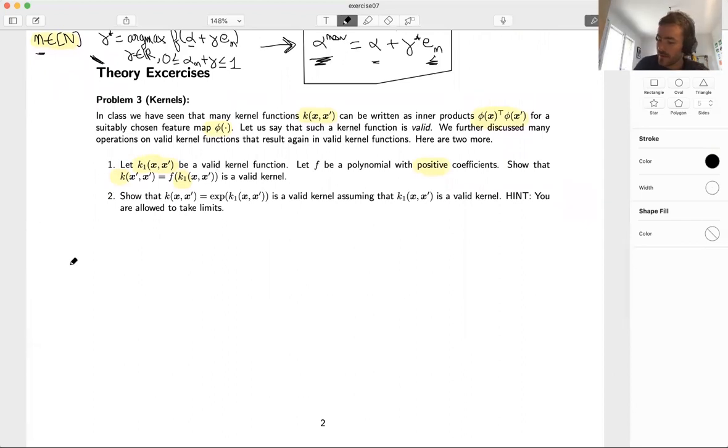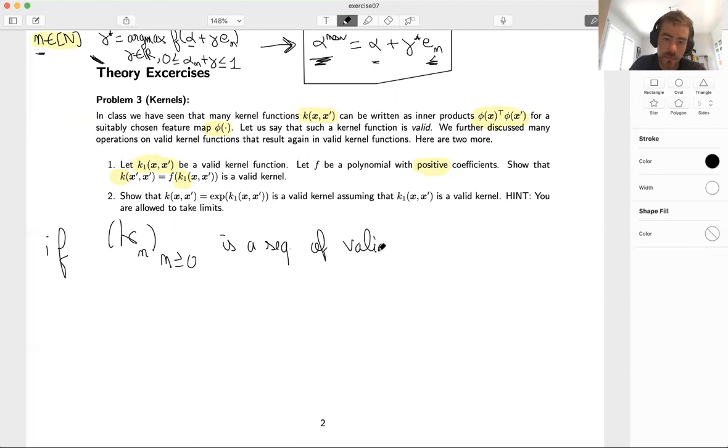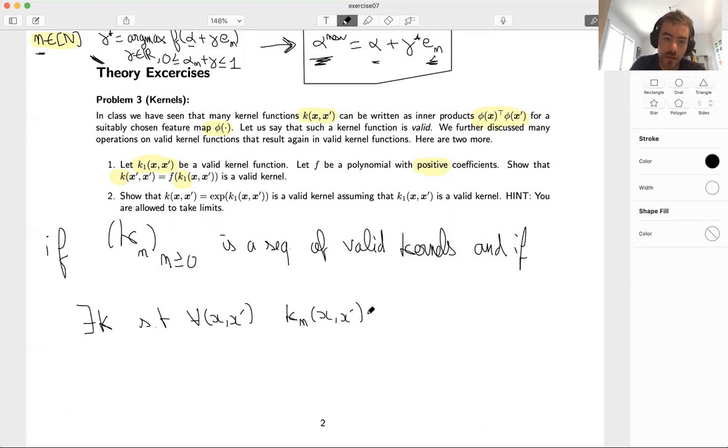This means that if you have an infinite sequence of valid kernels, if K_n is a sequence of valid kernels, and if there exists a limiting kernel, which means a pointwise limit, so for all points x and x prime, you want your sequence to converge to some limiting kernel, which we call K, when n goes to infinity.